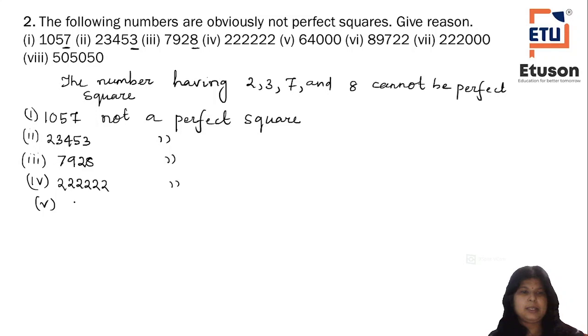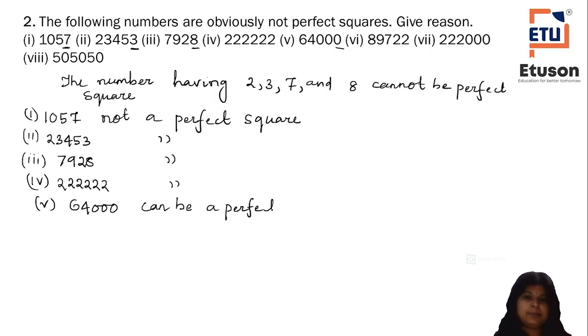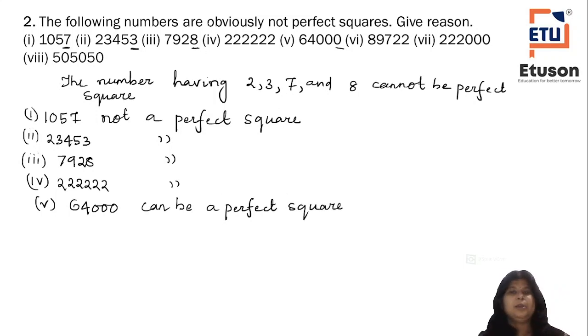Now in case of 64,000, what is there in the units place? It is 0. We can't say clearly, but it can be a perfect square. Okay, so there is a possibility. You need not write this down here, but just for your information I am writing it, because in this question you have to just find out the numbers which are not perfect squares.